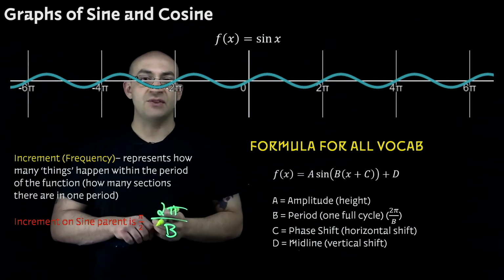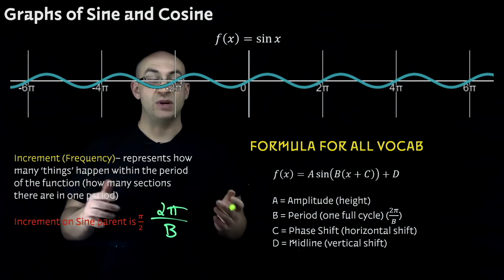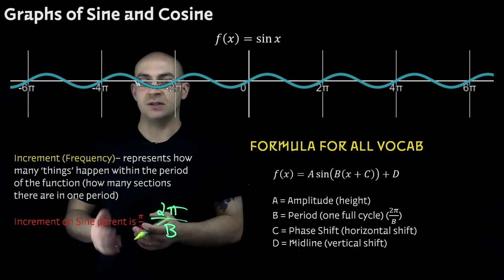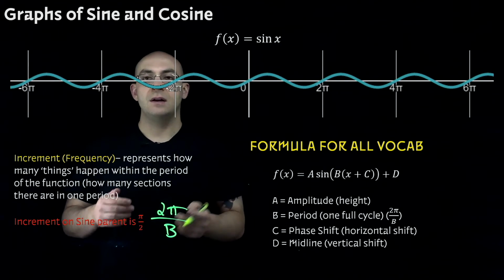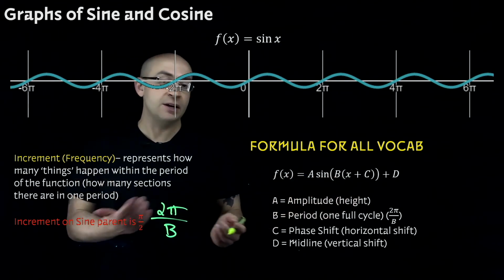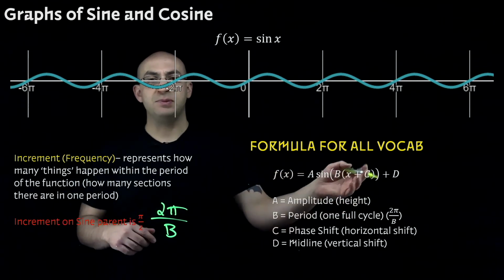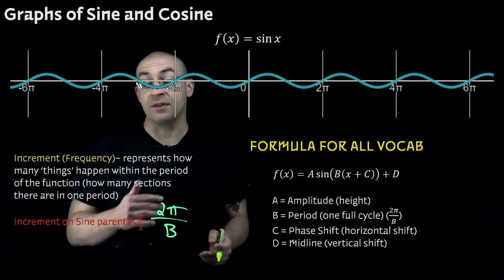C is going to represent the phase shift, the horizontal shift left or right. And that also makes sense if we think back to transformations of all types of functions. Whatever the value was next to x inside parentheses represented a horizontal shift left or right. And then at the very end, we have plus d, which is the midline or the vertical shift.